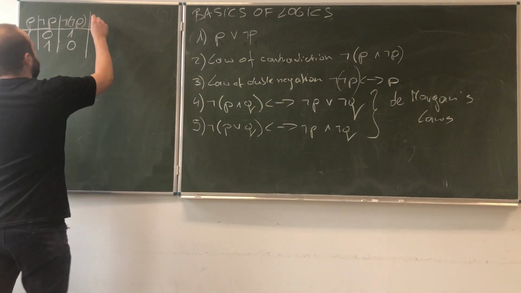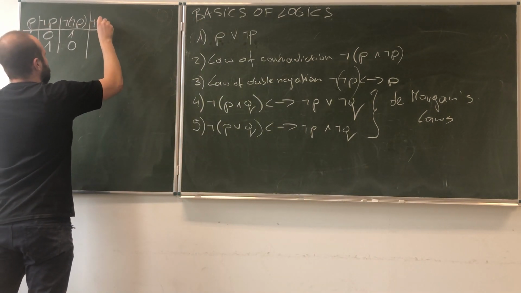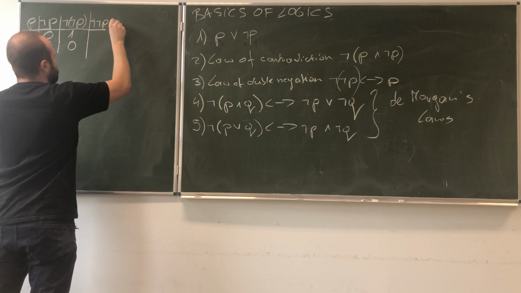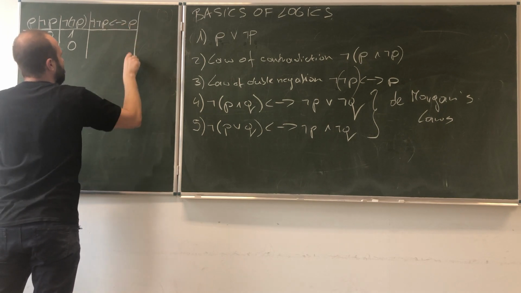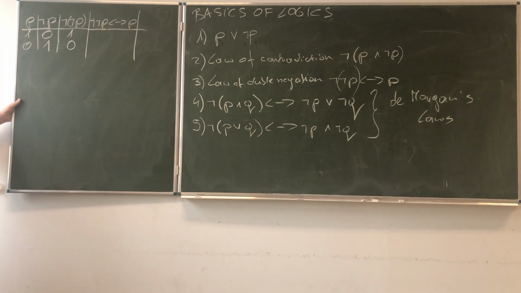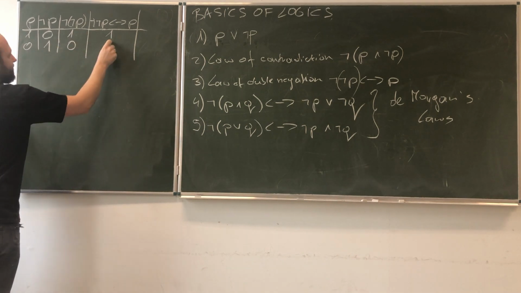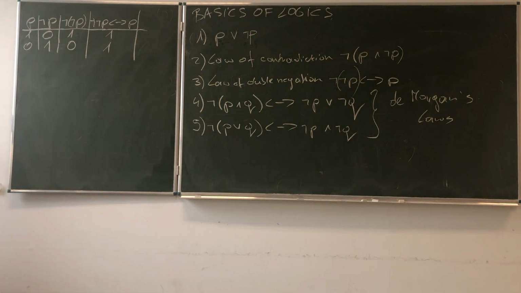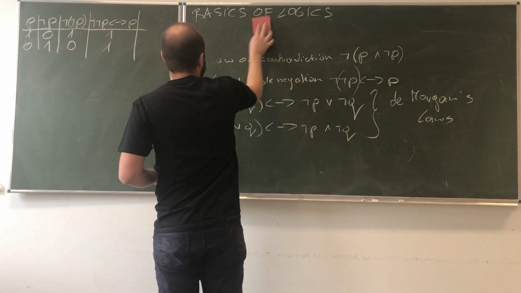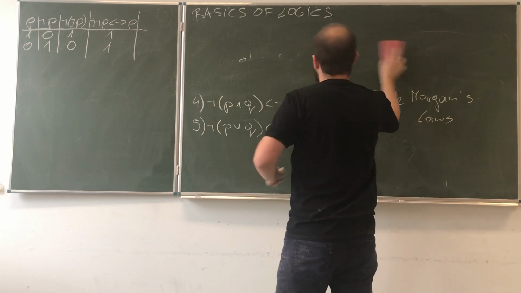So we can write this is not P, so the full statement, not P if and only if P, and we see the same logical value. This is a tautology.